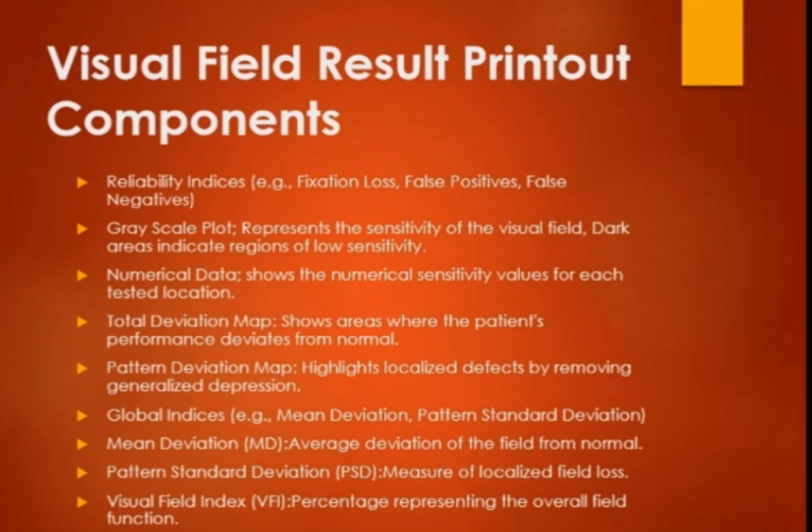The mean deviation shows us the average deviation of the field from normal, and the pattern deviation measures the localized field loss. The visual field index shows us the overall field function of the patient being tested.